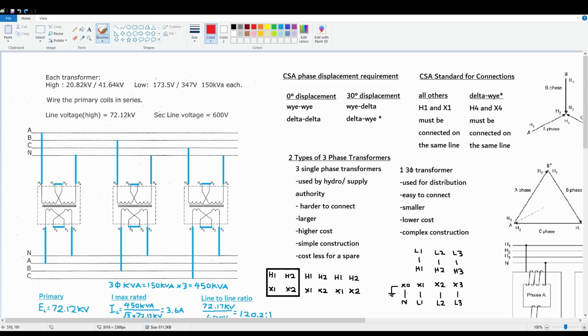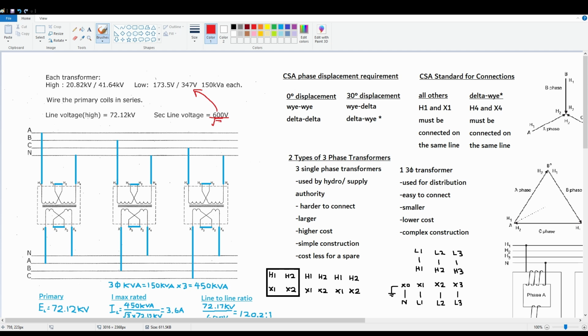Okay, so now on to the secondary side. We want a secondary line voltage of 600 volts. But we can't do this in delta either, because if we do it in delta, our phase voltage also has to be 600 volts. But that won't work because it's not rated for that much.